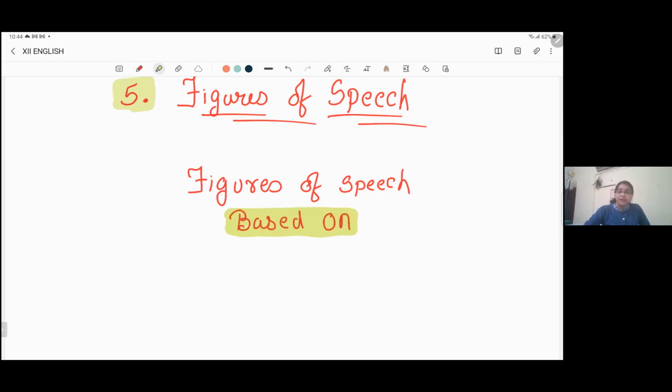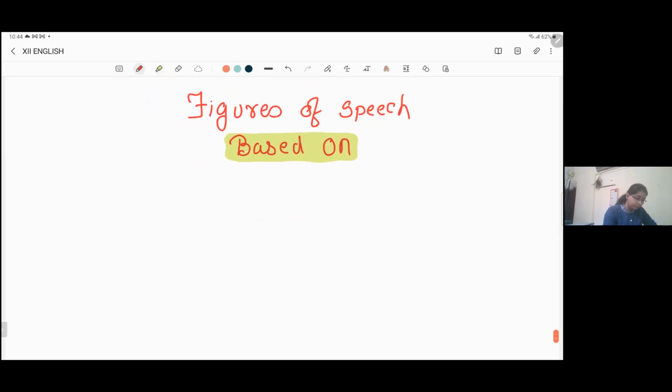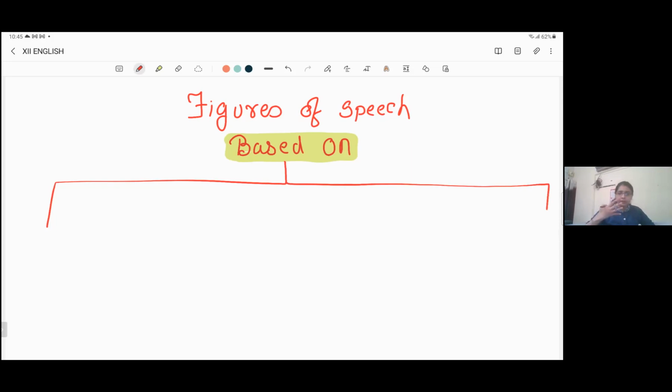Figures of speech based on... now see this. It is based on 4 things. Just write down. If you all want, then you can take a note. Otherwise, it is up to you.